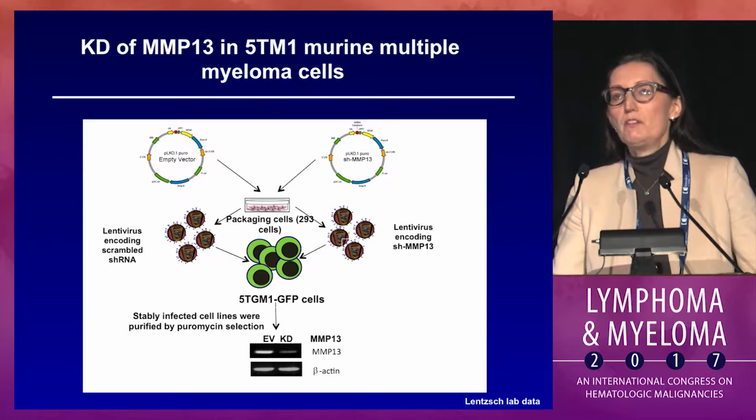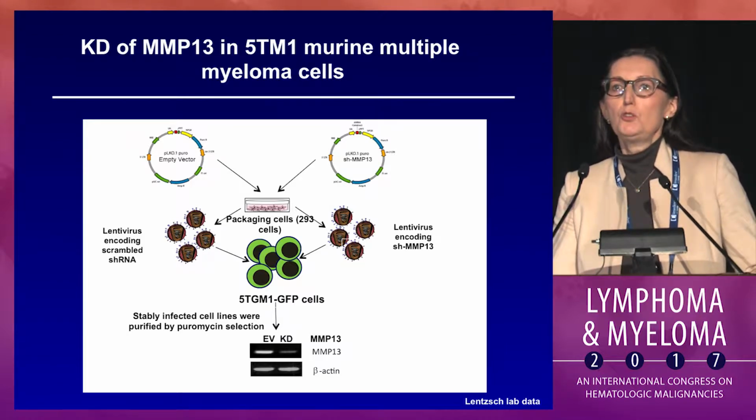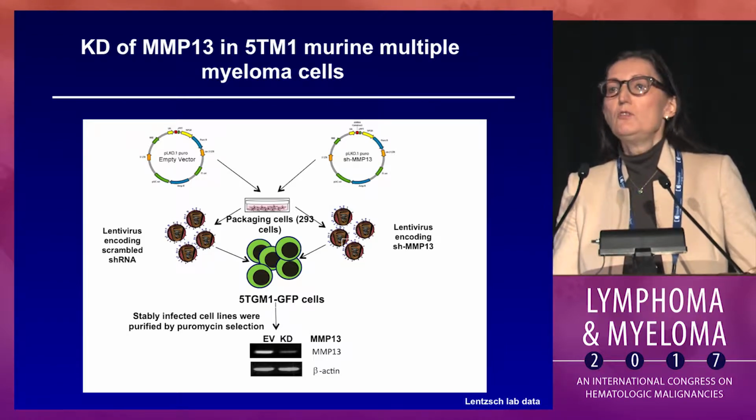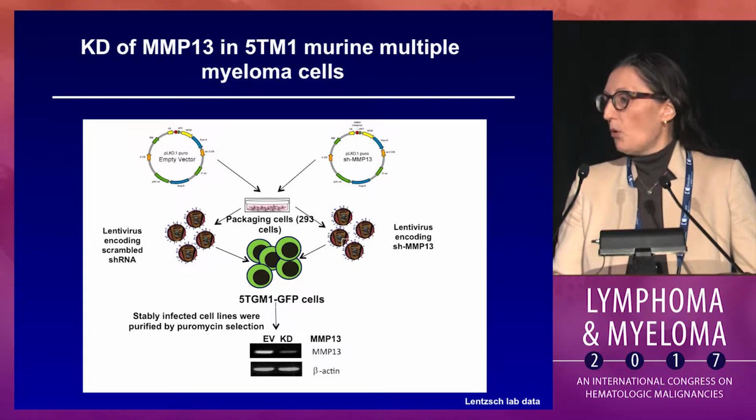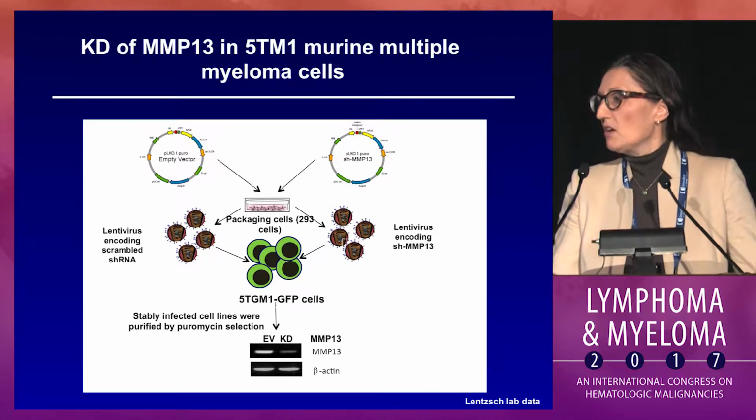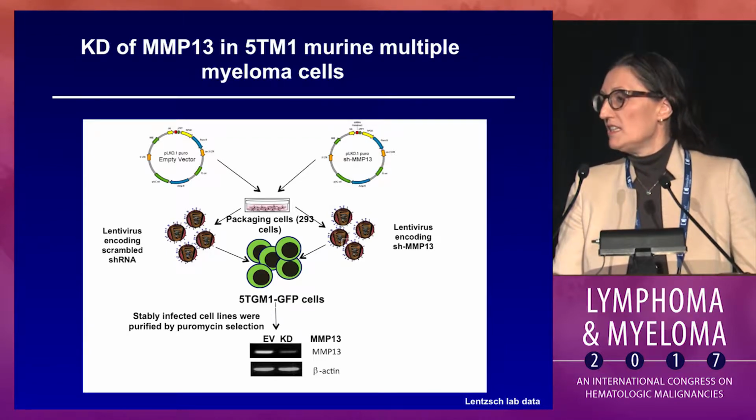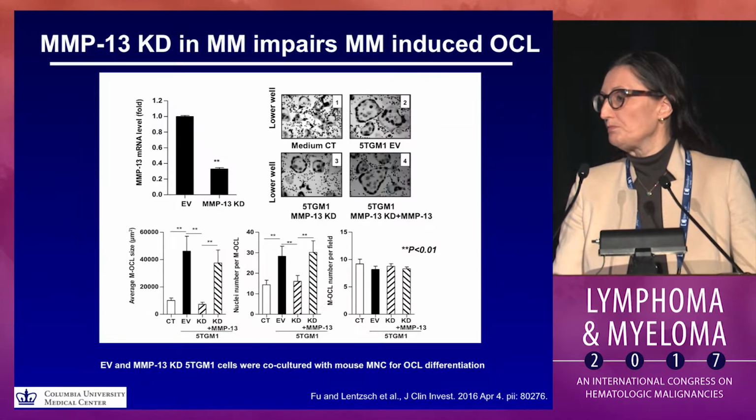Next, we wanted to know, when we knock down MMP 13 in our tumor cells, do we see a decrease in bone tumor? And for this purpose, we used 5T-GM multiple myeloma mouse cells. We transfected them with a lentivirus encoding for scrambled shRNA or for shRNA for MMP 13.